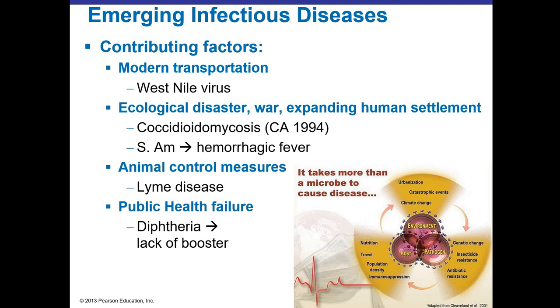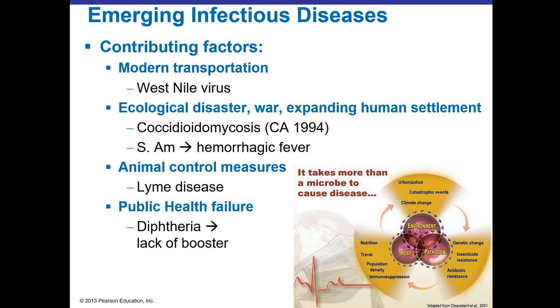So modern transportation as well contributes to emerging infections. Every spring we have to monitor in Philadelphia for West Nile virus. It's not naturally found, but because of things that have been transported from abroad, we now see various new emerging infections. Anytime you have war, disaster, or humans just expanding where they are cutting down forest, we see emerging diseases.